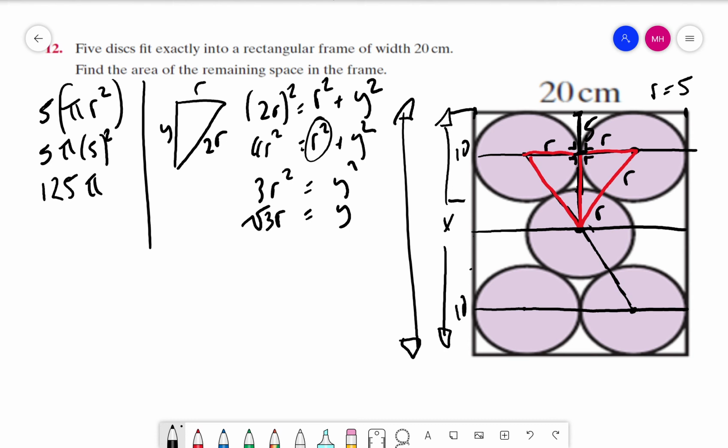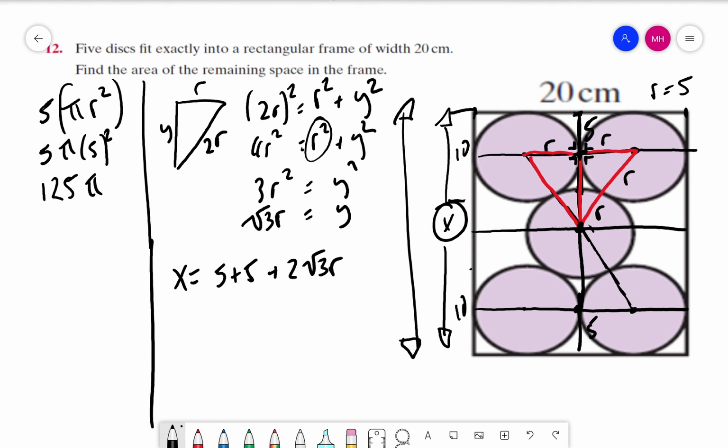So we now know the distance from here to here, and that's going to be the same as the distance from here to here. And then we've got to add on 5 both sides. So we go and look at our length, our x as we called it at the start. Our x is going to be equal to 5 plus 5, the 2 bits outside, and then 2 times the square root of 3 times r.